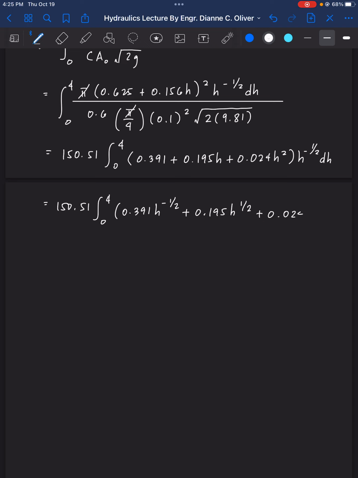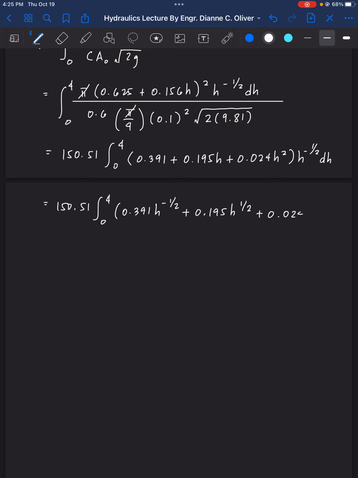But what if your calculator cannot process this one? So we can have the longer method. So we integrate 150.51 times the integral of this one. That becomes 0.391 h raised to 1/2 all over 1/2, if you should recall your integration.